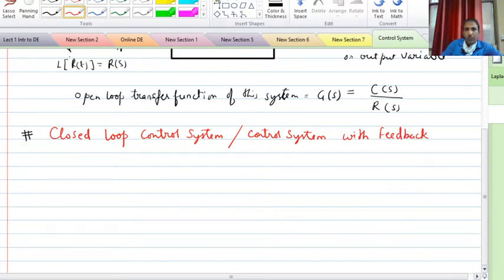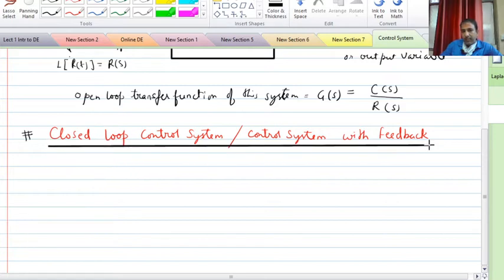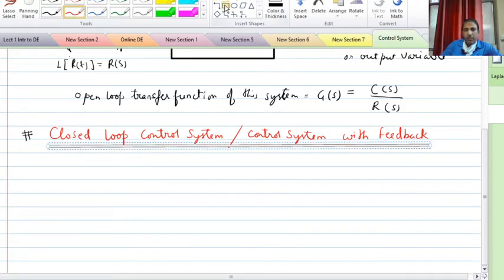Okay, so we can represent this system like this.